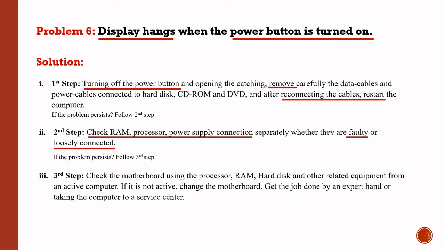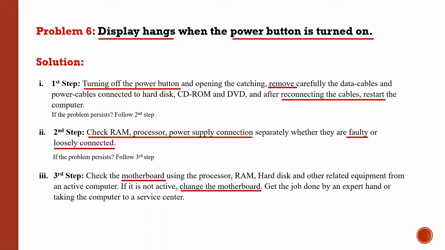We have to check the motherboard. If it is faulty, we have to change the motherboard, but for that we have to consult an expert. Please don't do it yourself, it's quite a risky job.